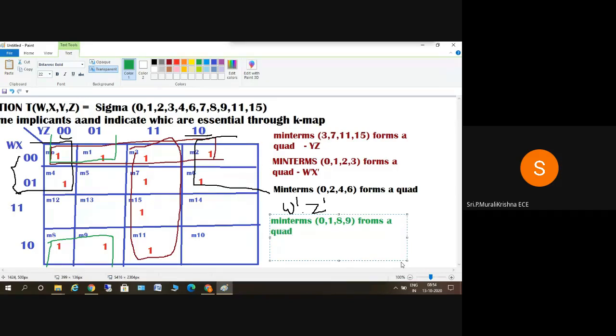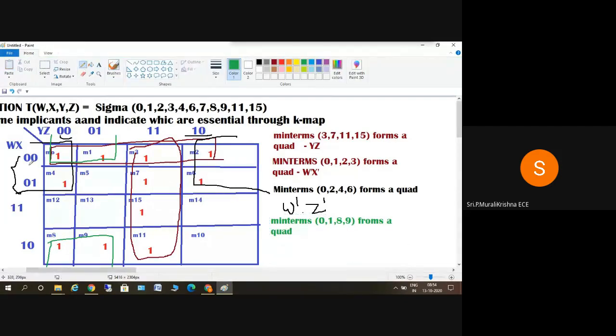What is the value here? We check the row term: this term and this term give X bar. And these two columns give Y bar. So it is X bar Y bar.